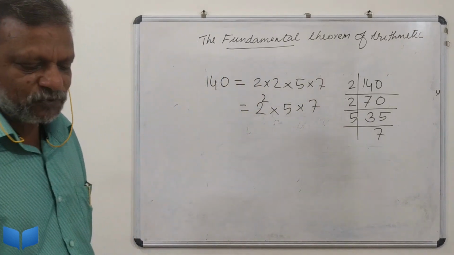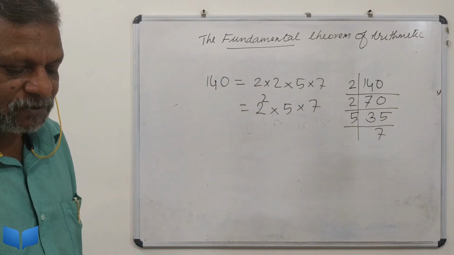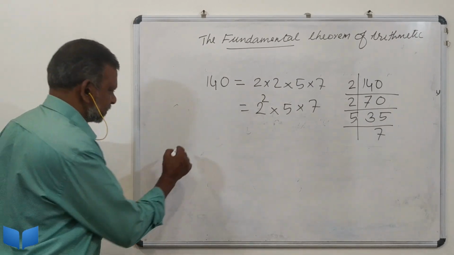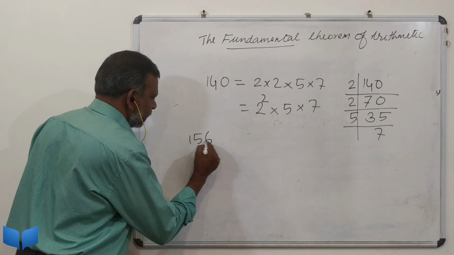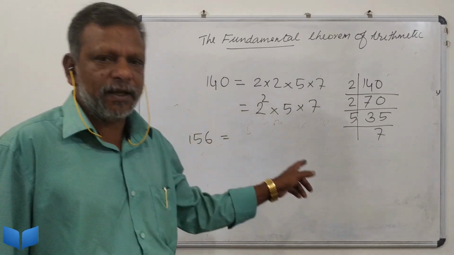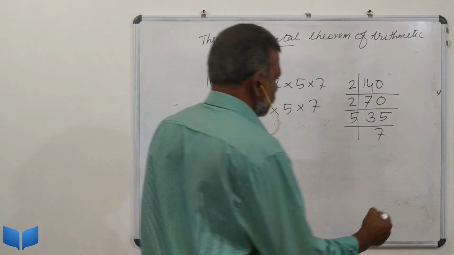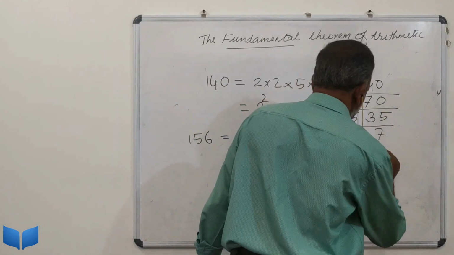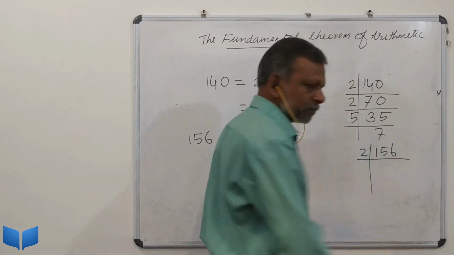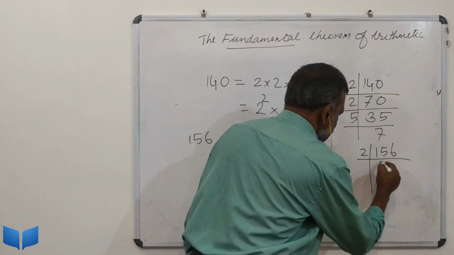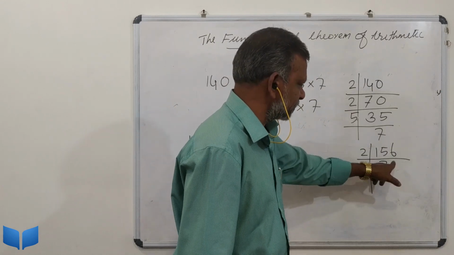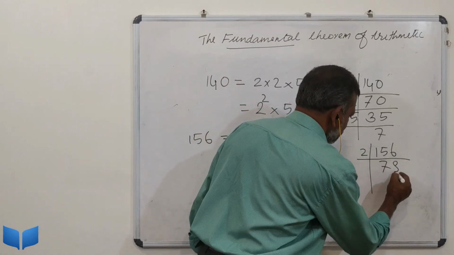The next one, express 156 as the product of its primes. How can we express 156 as the product of primes? Take 156 and factorize it by 2. 2 sevens are 14, 1 remainder, then 16, 8 times.